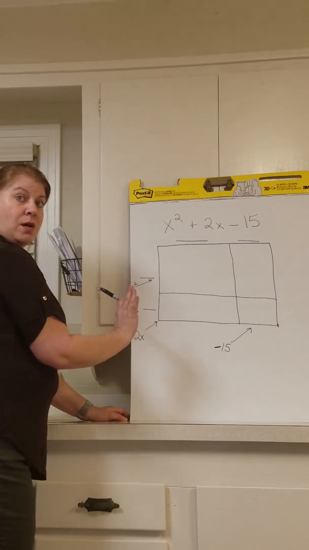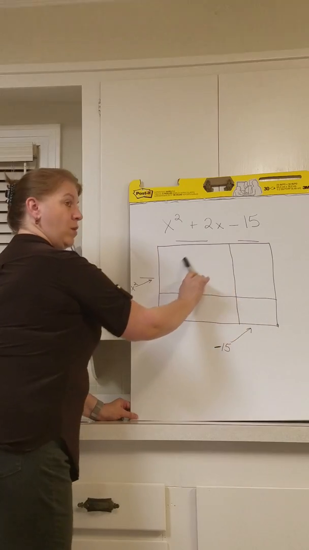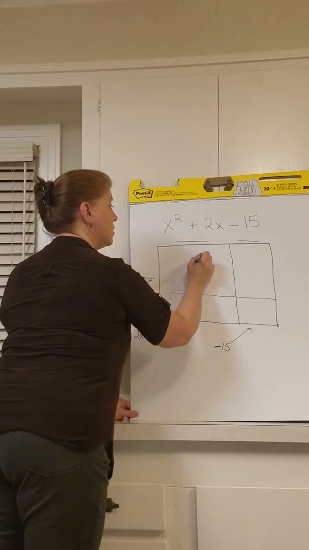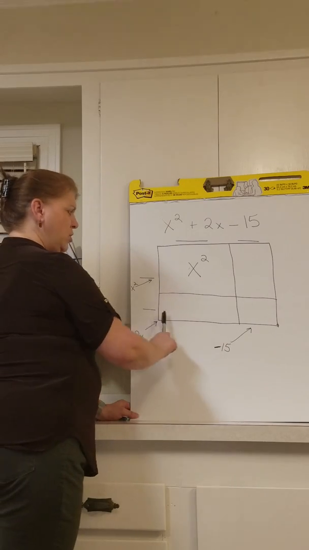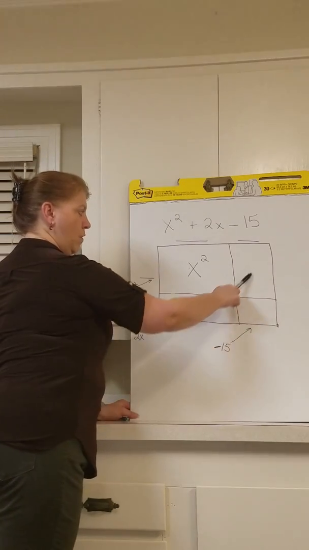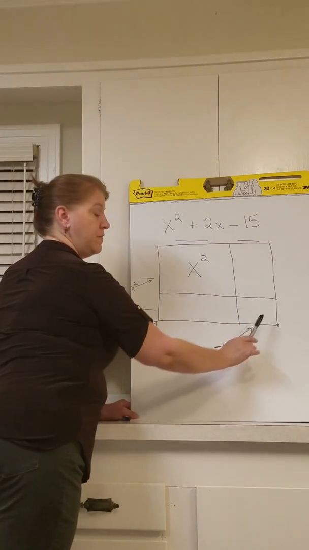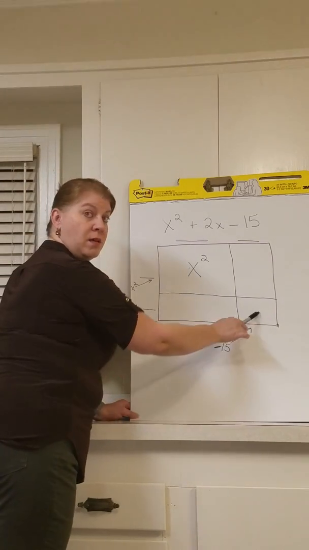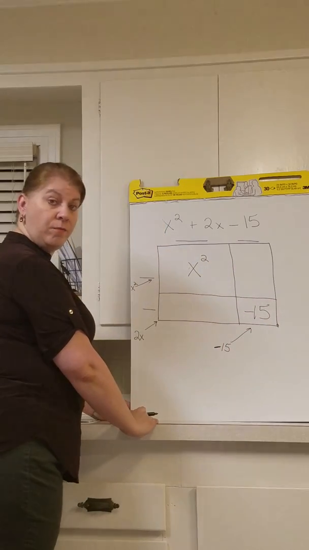The only box that's going to be an x squared is this big square here, this big rectangle here, which happens to be a square. So that's my x squared here. And I'm not sure about this one and this one because these two on that diagonal add up to be this 2x. But in this negative 15, this is the only box that's going to be like terms with that. So that's going to be a negative 15 here.